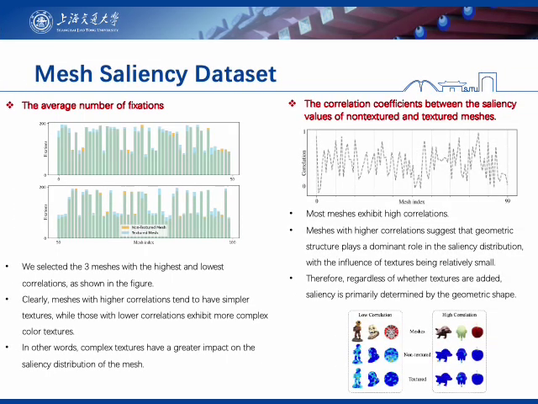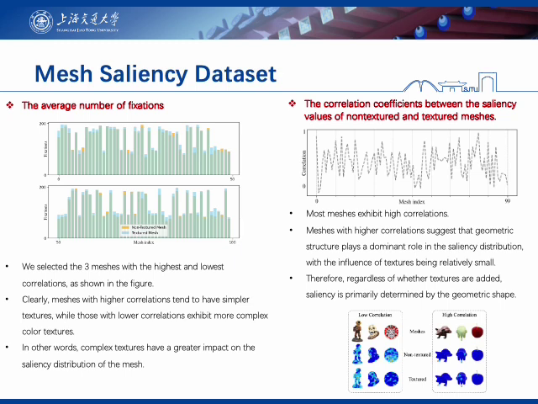For the dataset, we conduct a detailed data analysis and present the statistical average fixation points under both the non-textured and textured conditions. By analyzing the saliency intensity correlation under both conditions, we found that the geometric structure plays a dominant role in the saliency contribution, while the influence of texture is relatively small.